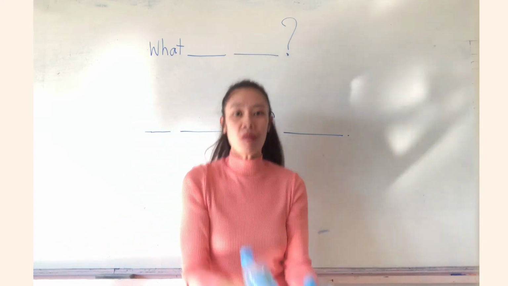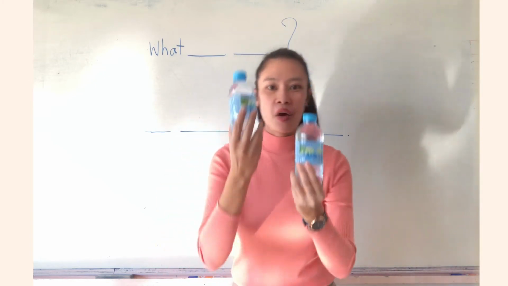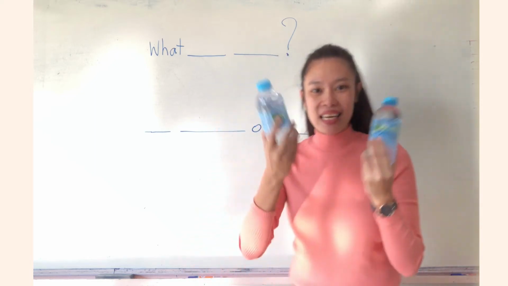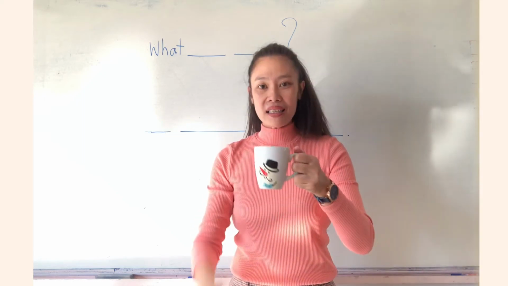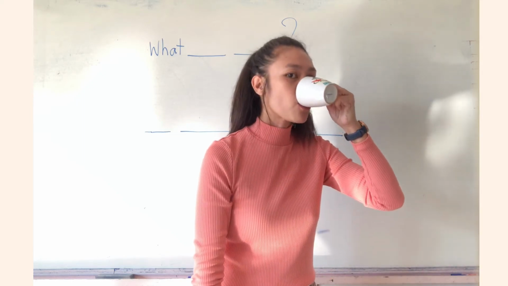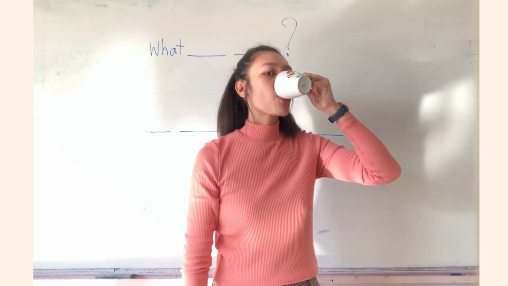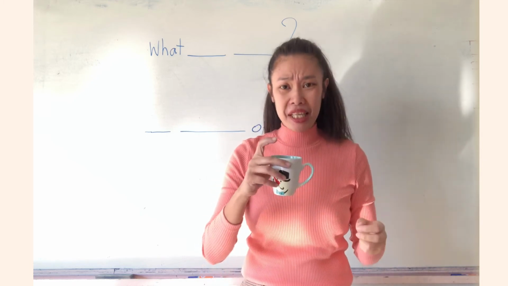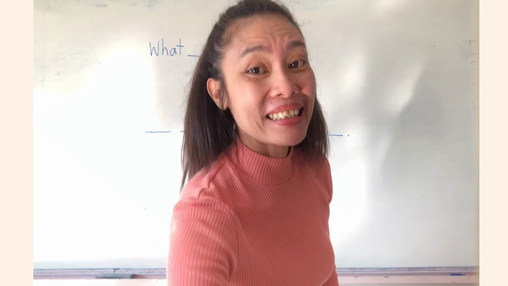Catch! What are these? All righty. Next. Teacher Abby, next. What is this? It's not sweet. It's black. It's bitter. What is this? Next.